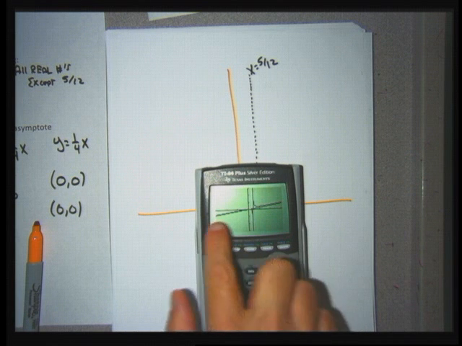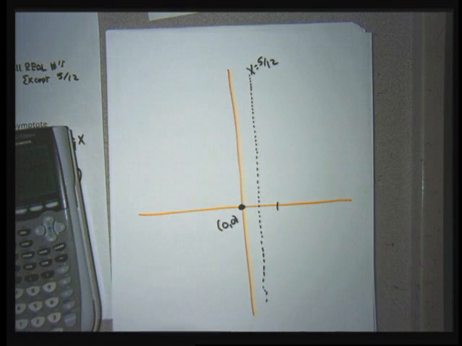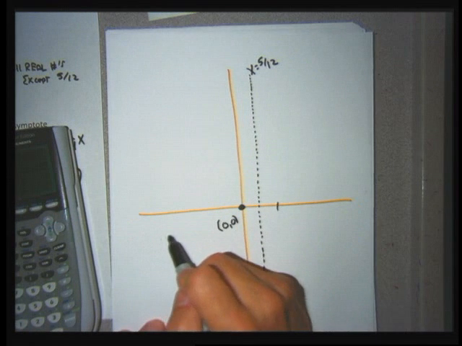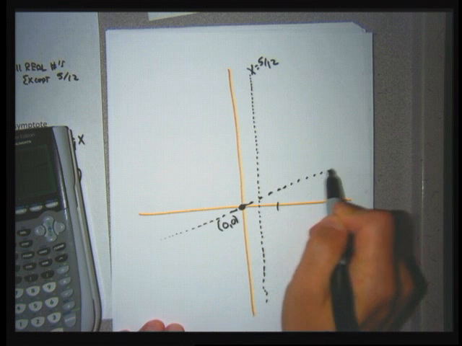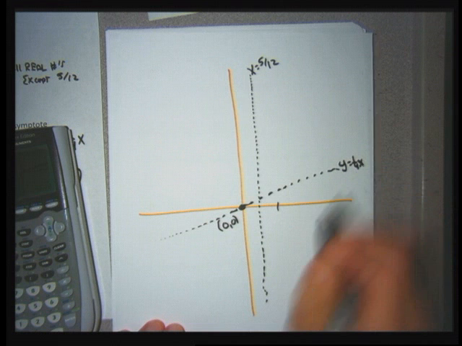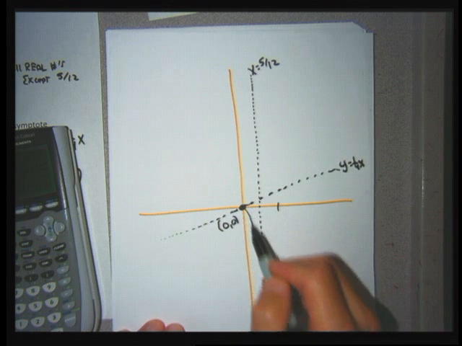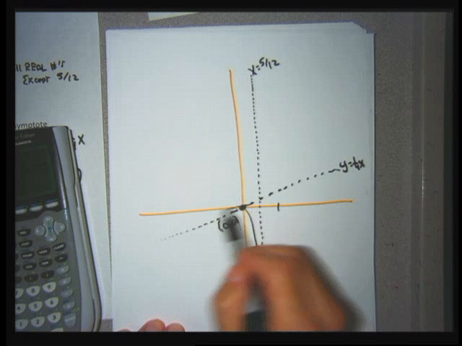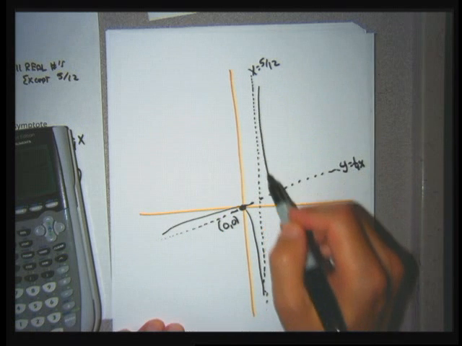I'm going to draw this line, just kind of mimic it a little bit. It has a slope of 1/4 for what that's worth. And in a square window, it looks okay. So this is y equals 1/4 x. And then I'm drawing this part that I think does this, and this part that I think does this.